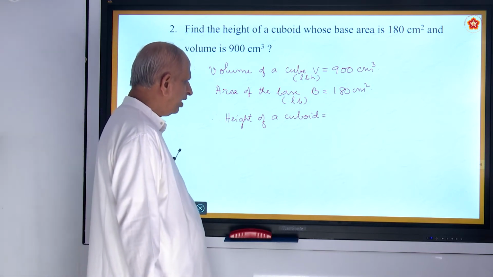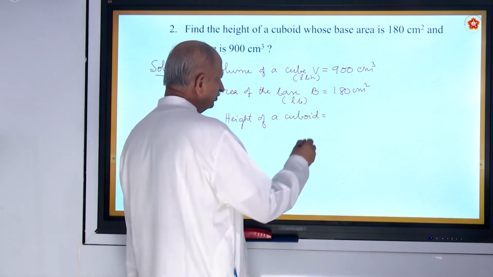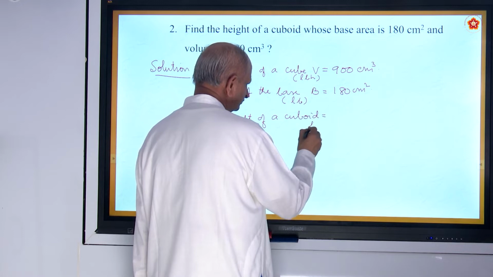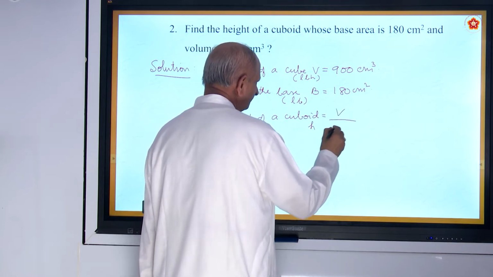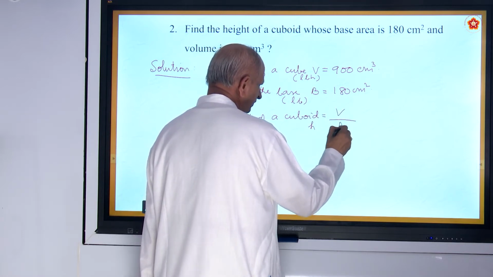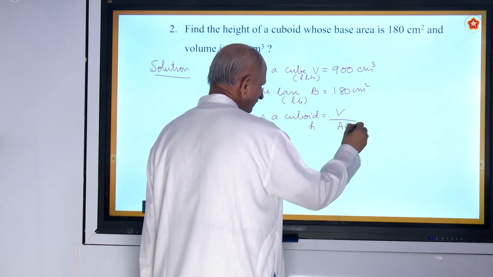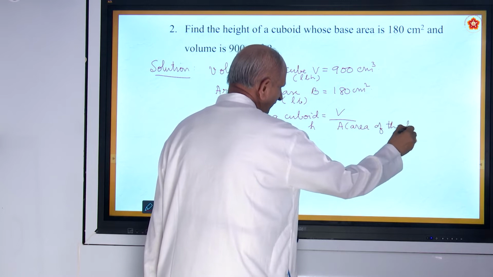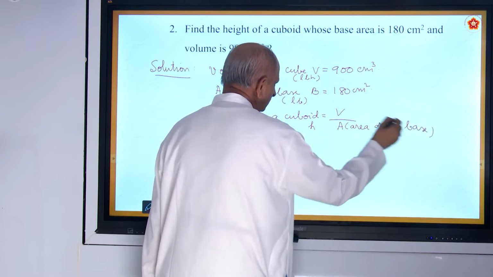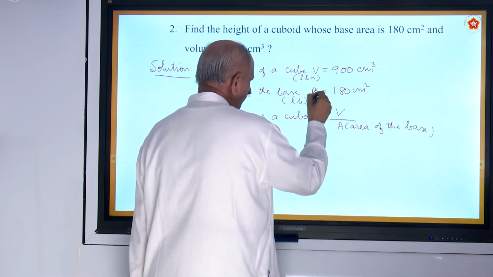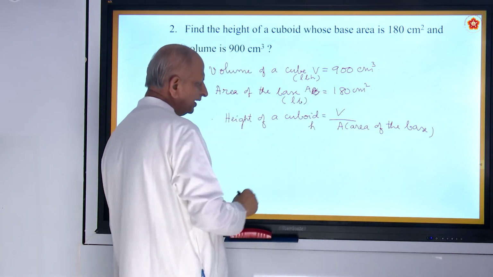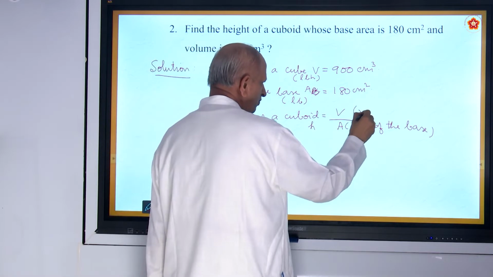So height of a cuboid is equal to, now you have to find out H, V by A. A means area of the base, and V means volume.